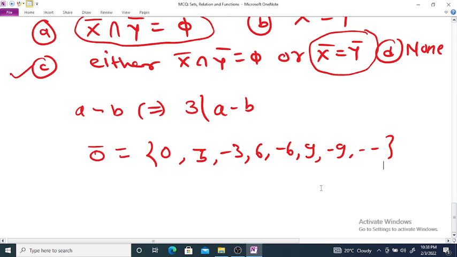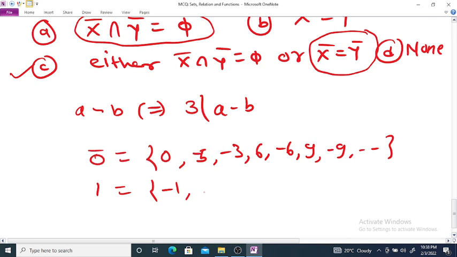And the equivalence class of 1 is minus 1, then 2, then 4, because 4 minus 1 is 3, then minus 2 minus 1 is minus 3, then next is what? 7 minus 1 is 6, then minus 5, then 10, minus 8, and so on.